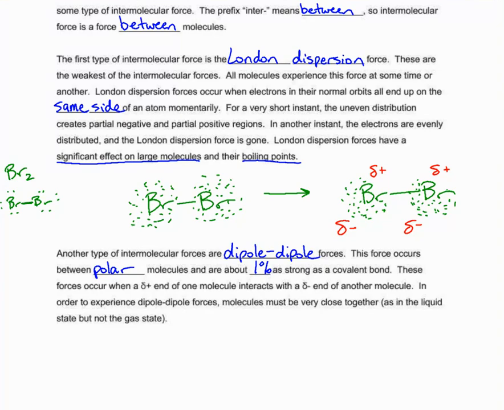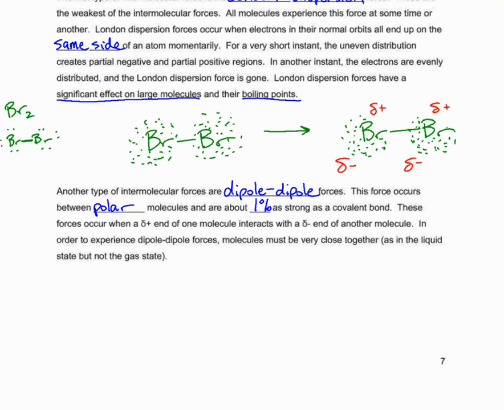This is just intermolecular force. These are two molecules that are influencing each other. So these forces occur when we have a partially positive end of one molecule interacting with a partially negative end of another molecule. In order to experience the dipole-dipole force, molecules need to be very close together, as in they need to be in the liquid state and not the gas state.